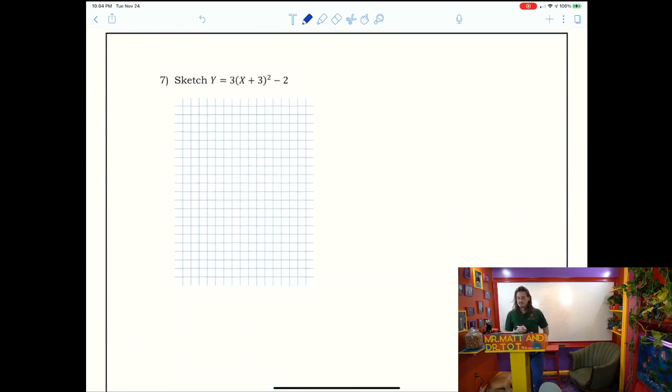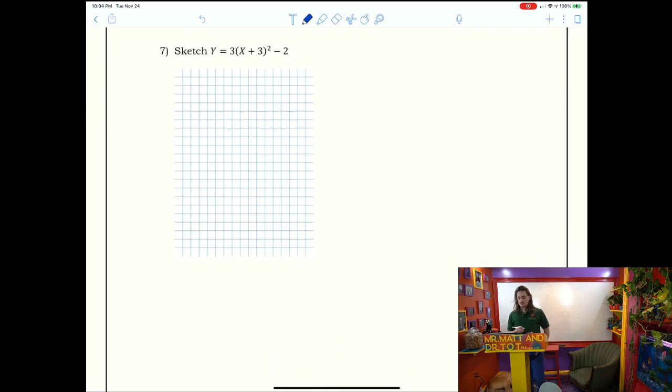Okay, number 7 and 8 and 9 as well are all in vertex form. So remember, vertex form is y is equal to a times the quantity x minus h quantity squared plus k. So just like the intercept form, this h value is opposite common sense, but the k value goes with common sense. So that's one thing you have to memorize.